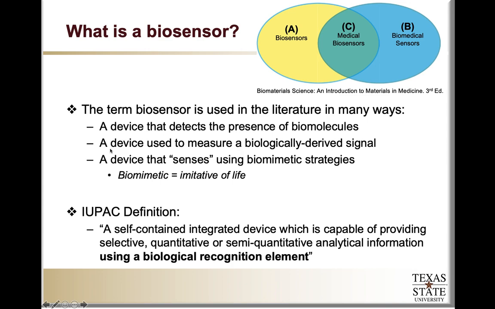So some of the definitions are that a biosensor is a device that detects the presence of a biomolecule, whether or not that detection is carried out through the use of a biological sensing element, or a device that is used to measure a biologically relevant or biologically derived signal, or a device that senses using a biomimetic strategy, where biomimetic means that we're going to be mimicking or imitating the design of a biological molecule or biomaterial that has been derived by nature that already has been programmed to interface specifically or detect a particular molecule.